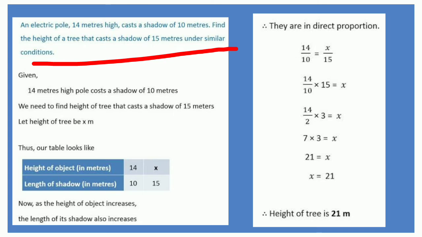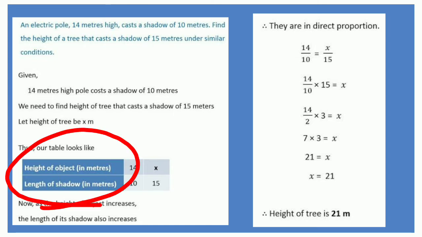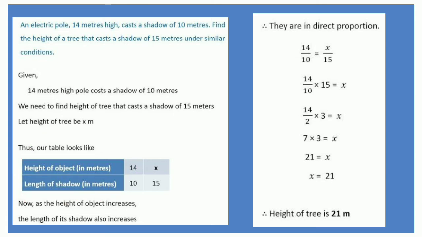First one: an electric pole 14 meter high casts a shadow of 10 meters. Find the height of a tree that casts a shadow of 15 meters under similar conditions. In the question, we have two quantities: the height of the tree and the length of the shadow of the tree.